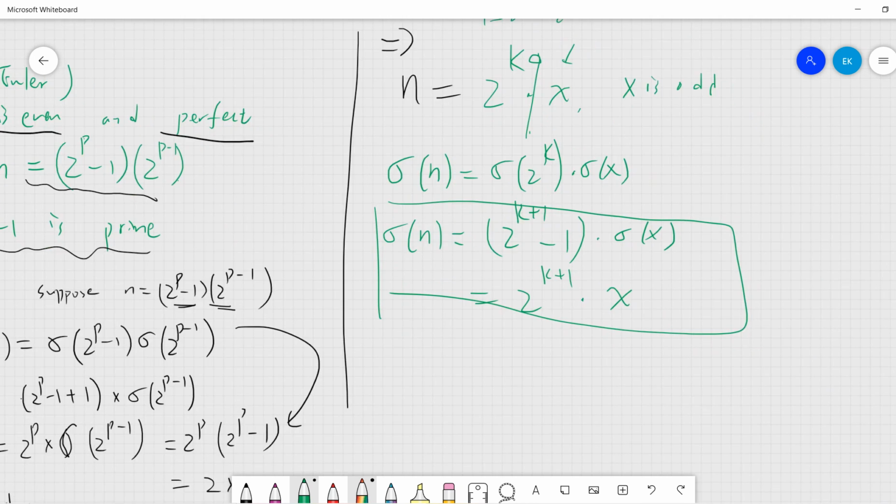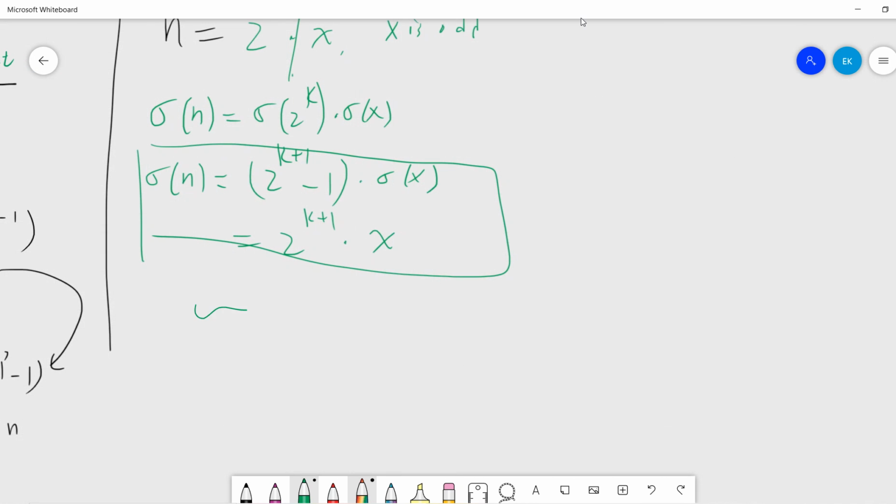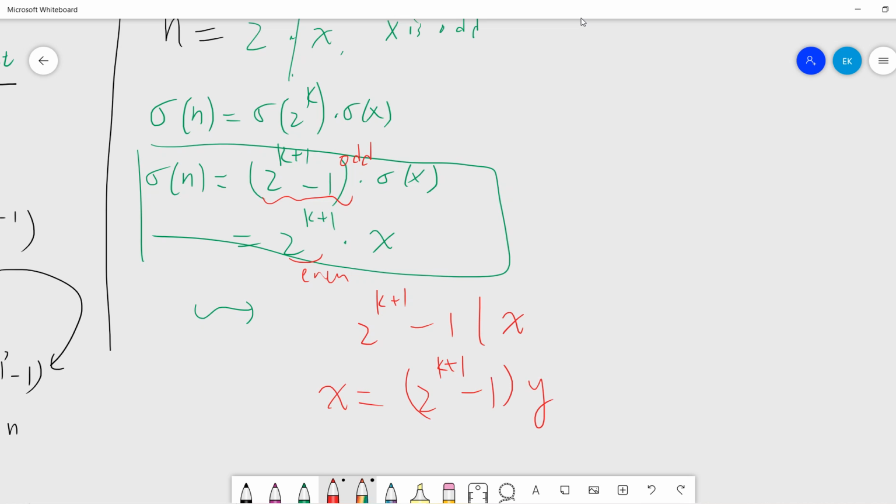Okay, so from this one, basically you know that one side is odd and the other is even. So we must have 2 to the k plus 1 minus 1 divides x. So x equals 2 to the k plus 1 minus 1 times some integer y.